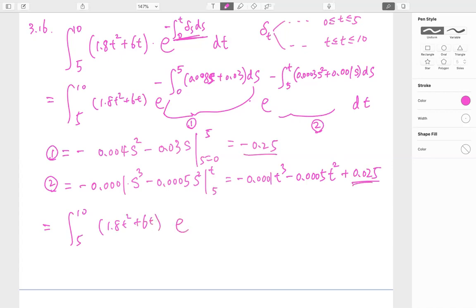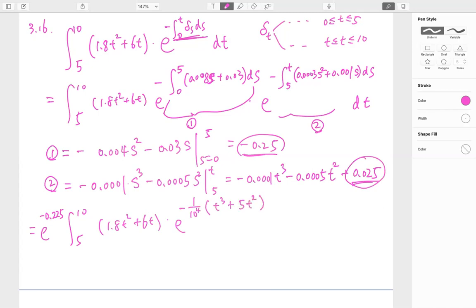This constant part we can take out. So what I do is basically get this one. There are so many zeros I can factor out. There are 4 zeros, so it's 2t cubed plus 5t squared.